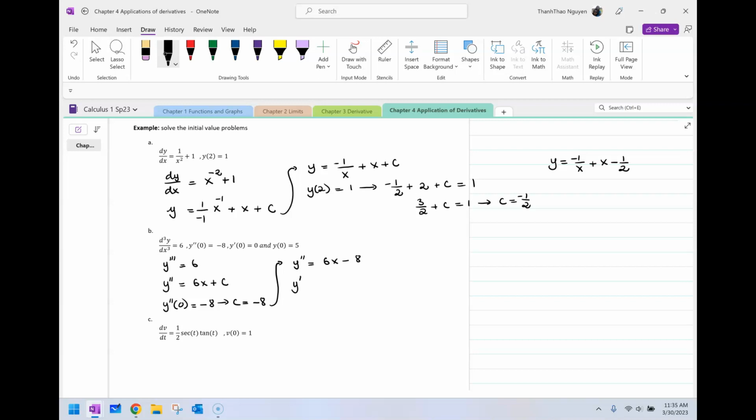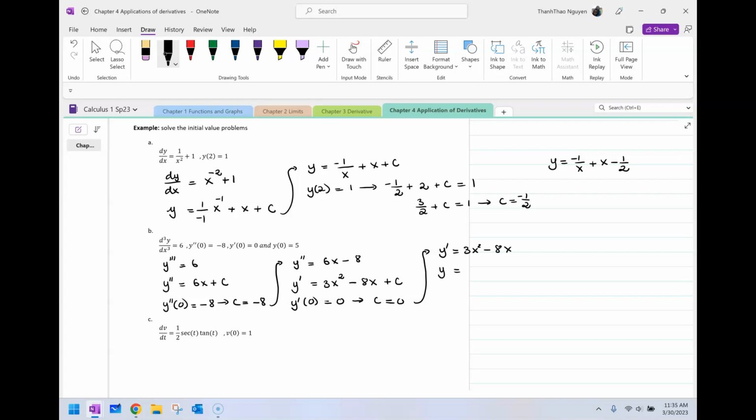Y prime then equals 3x squared minus 8x plus c. We are told that y prime of 0 equals 0. This implies c equals 0, which means y prime equals 3x squared minus 8x.